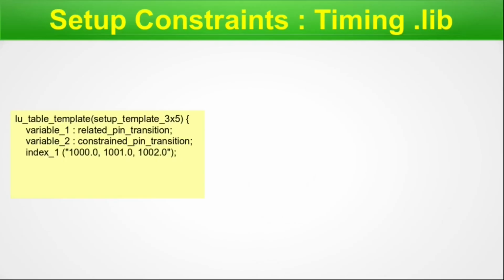The first index, index 1, which corresponds to variable 1, has 3 values. You can see 1, 2 and 3 values. Next comes index 2, which has 5 values. So you can see the 3 by 5 table, the rows and columns will contain 3 versus 5 values as the row and column indexes. And we close it here.